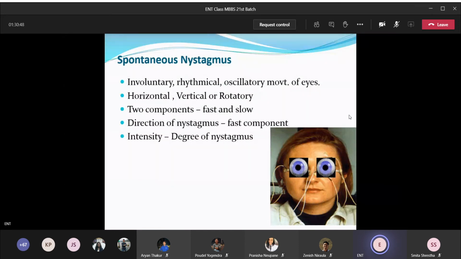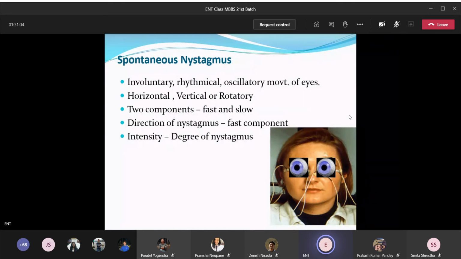There are two components, the fast component and the slow component. In this, the fast component is going towards the right side of the patient, and the slow component is towards the left. You can see in this picture the intensity looks quite intense.